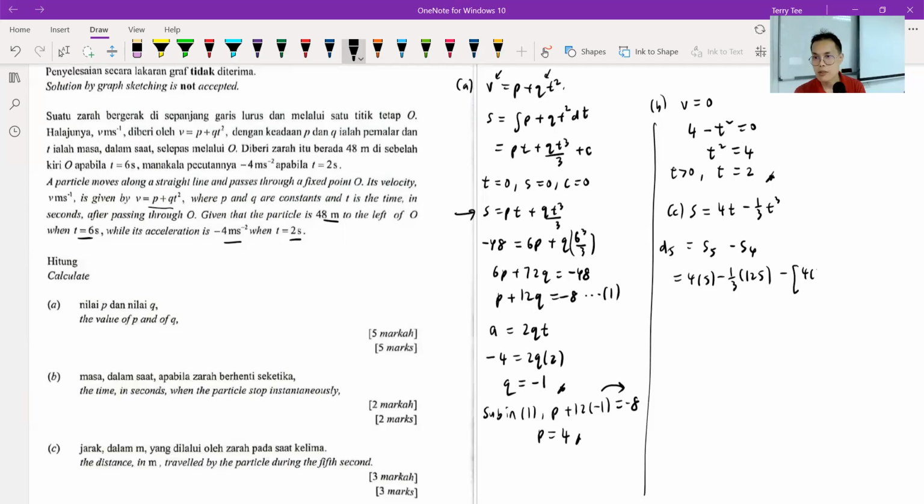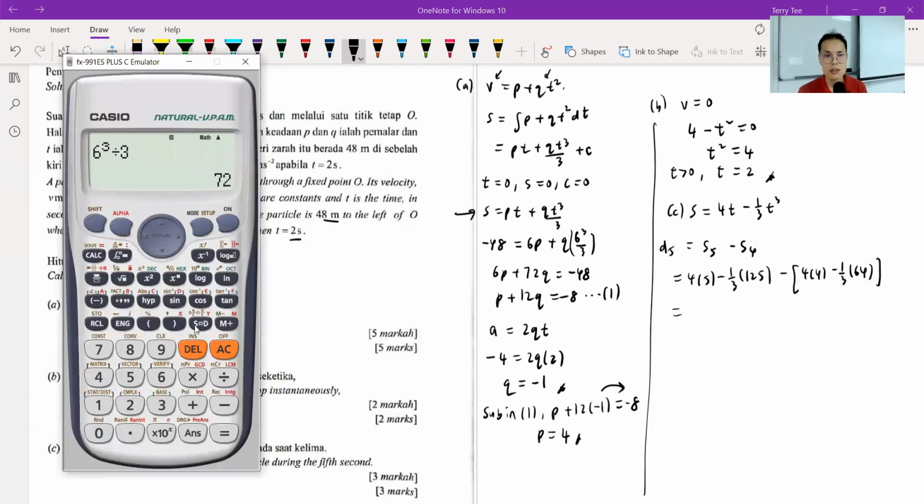S4 will be 4 times 4 minus 1 over 3 times 4 cubed, which is 64. Use your calculator. This is 20 minus 125 over 3, then minus, open bracket, 4 times 4 is 16, minus 64 over 3. My answer is negative 16 over 3.